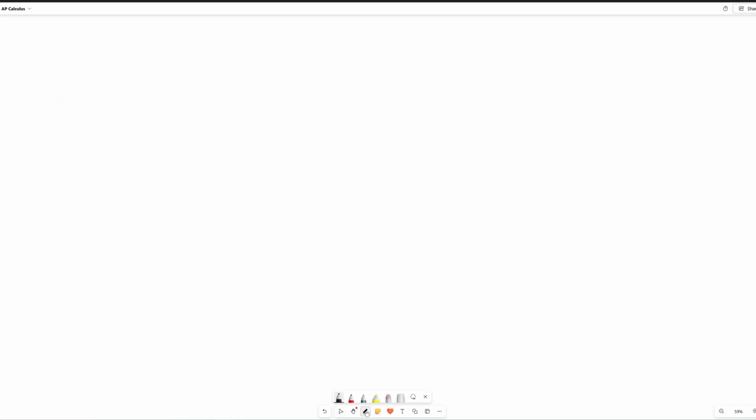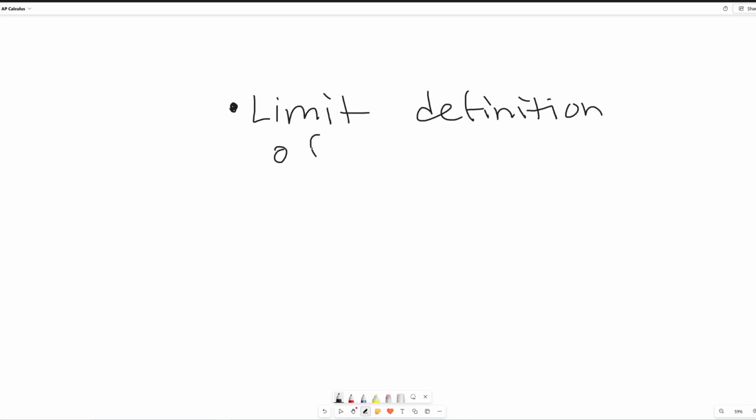And that is basically it for this unit. So the main takeaways. Remember limit definition of the derivative, because they will have a question like this on the test. 100% guaranteed a limit definition of the derivative on the test.